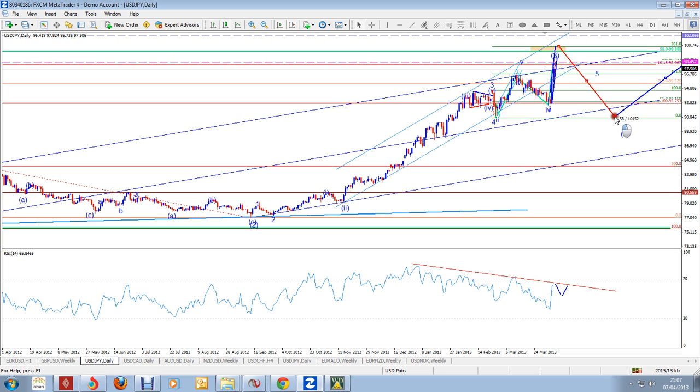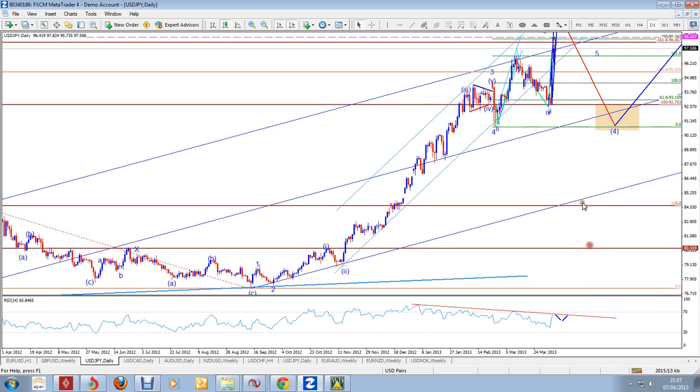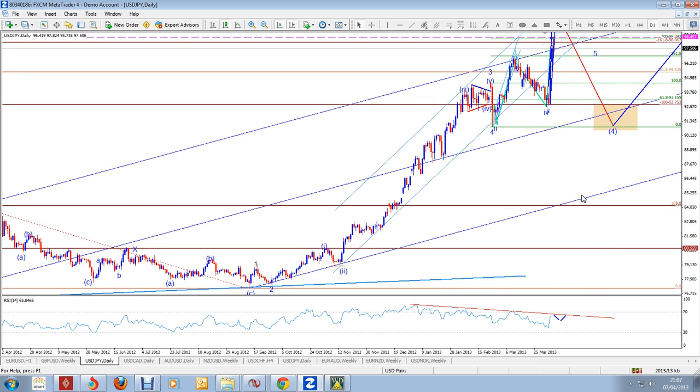Normally they say it comes back to the previous wave 4 of the lower degree. The previous wave 4 of lower degree is around 92, the lower one about 90. So 90 to 92 is probably where we will retrace to for wave 4 in single bracket, and then again continue to the upside. So don't be in a hurry to short US dollar yen. It's got a long way to go.